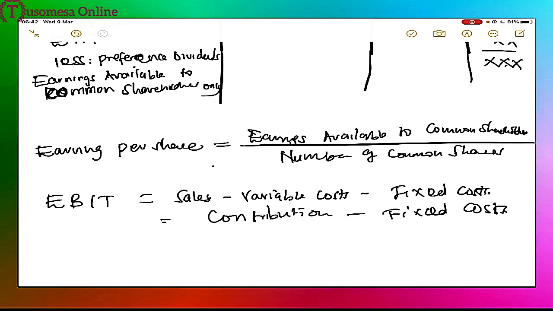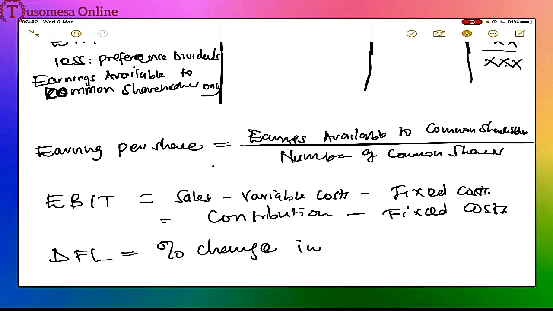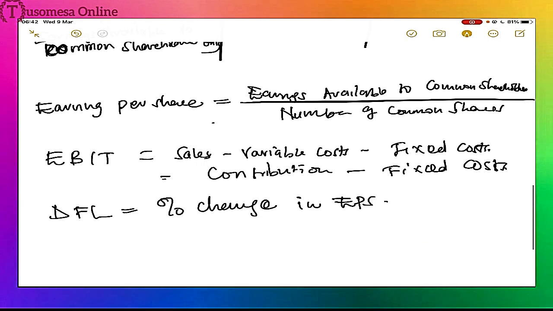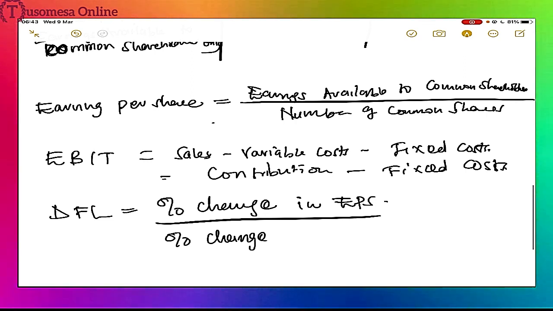Since we know these two formulas, we can now calculate the degree of financial leverage as the percentage change in the earning per share brought about by the percentage change in the earning before interest and tax.